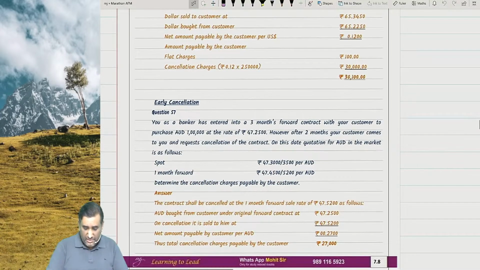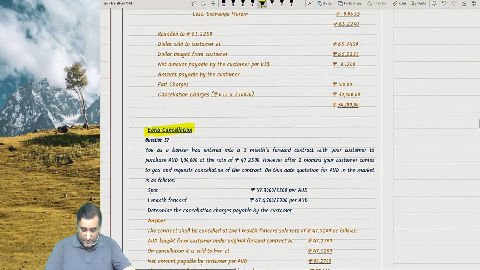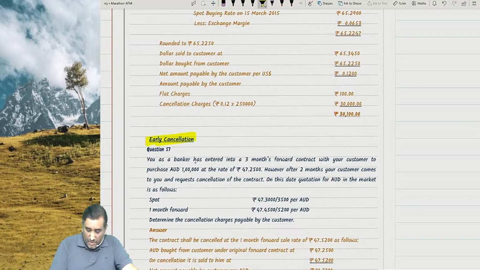Look at question number 57. It says, you as a banker entered into a 3 months forward contract with your customer, purchase AUD 1 lakh at the rate of 47.20.